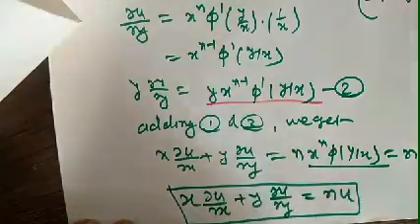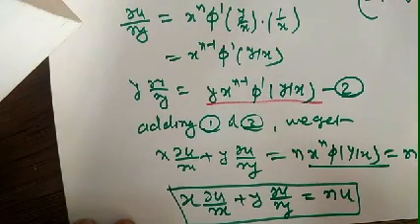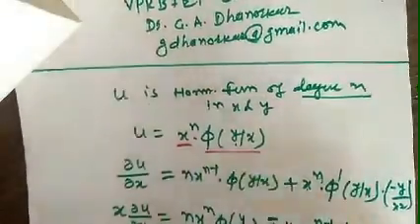Now this is again a very important relation, and we get this relation because the given function u is homogeneous.